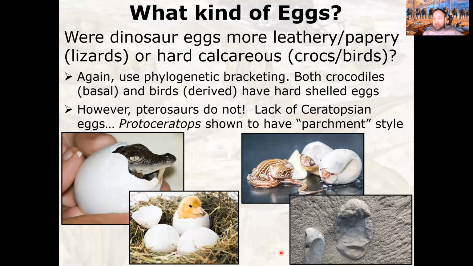And so the reason that we find very few ceratopsian eggs is that it's probably likely that ceratopsians had these parchment style eggs that wouldn't preserve as well. They're much less likely to show up in the fossil record. Obviously not impossible, because this pterosaur egg fossilized just fine, but it's a lot more likely to find pieces and fragments and maybe even whole eggs of these hard shells than it is these much more delicate papery parchment eggs.